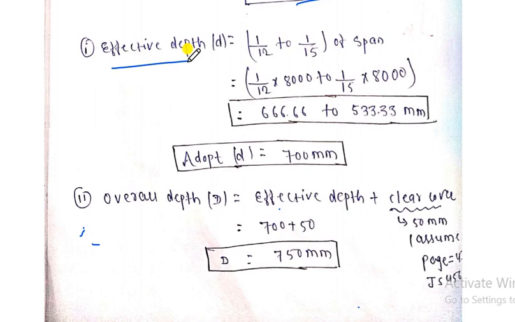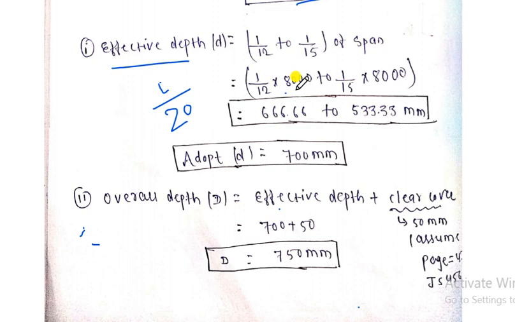The effective depth for a simply supported beam should not be greater than L by 20. So I have taken L by 12 to L by 15. The span is nothing but 8 meters, so I have converted it into mm: 8000 mm.